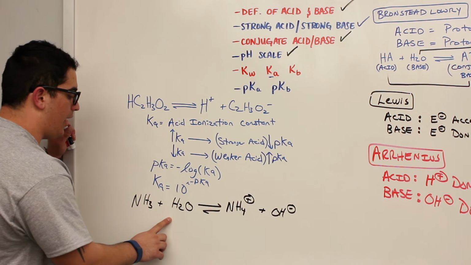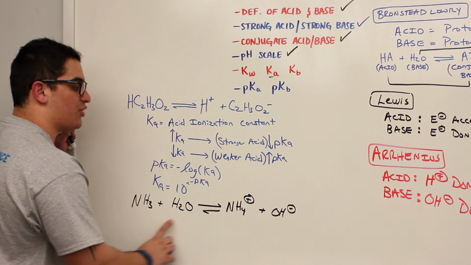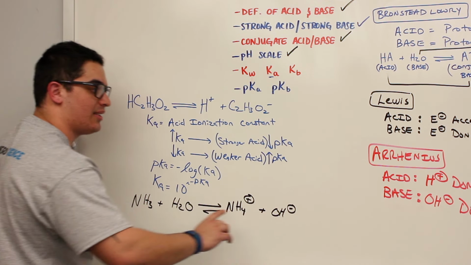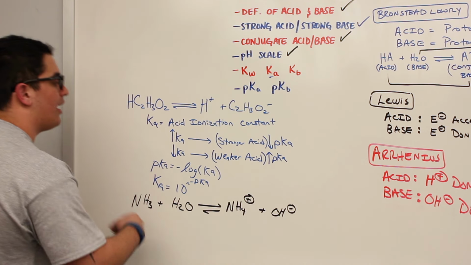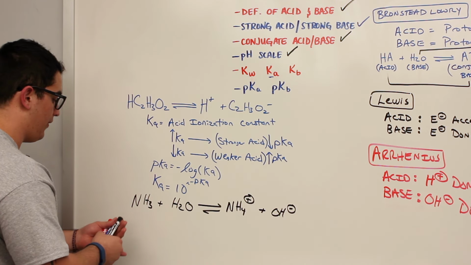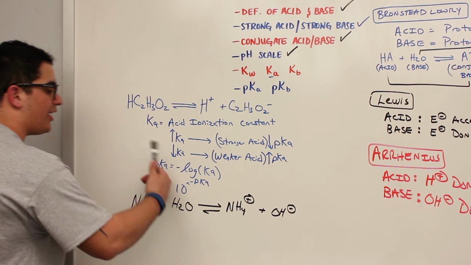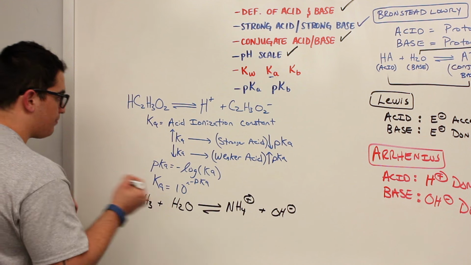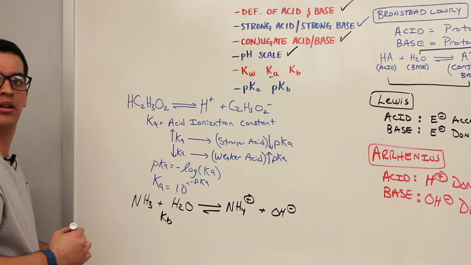Now, same thing. Ammonia is not a strong base, so it doesn't accept protons as readily, and it doesn't produce hydroxides as readily as something like sodium hydroxide. So we have to get another type of constant, if you will, to determine how much of this hydroxide is being produced or how much hydrogens is he accepting. So we give that a Kb. Okay?